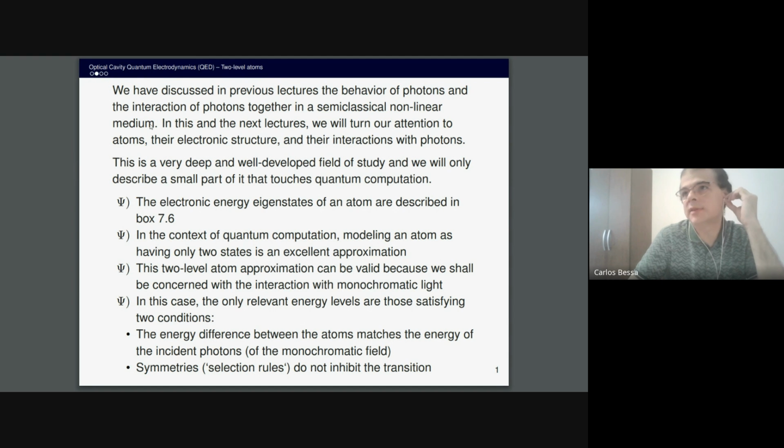And we saw there are some problems. First of all, in a nonlinear medium the effect is usually very small. The other problem is that this medium has a lot of atoms and molecules inside, of course, and this could increase the decoherence when we try to do computation.